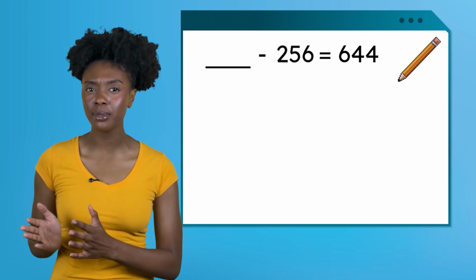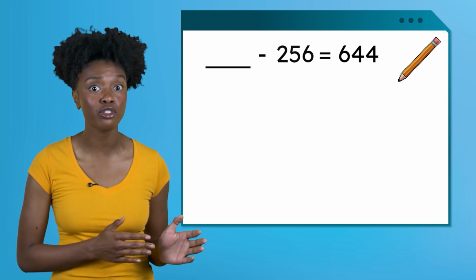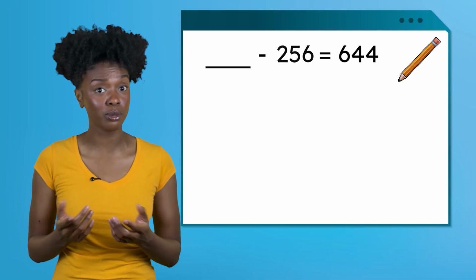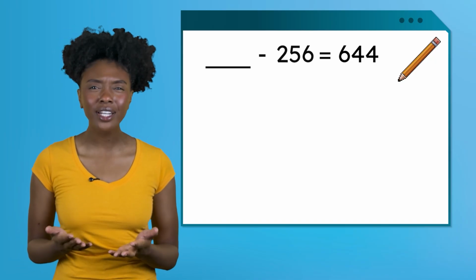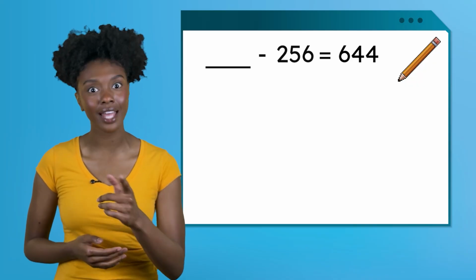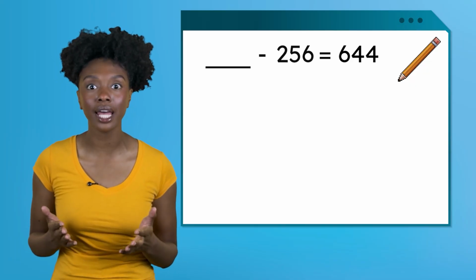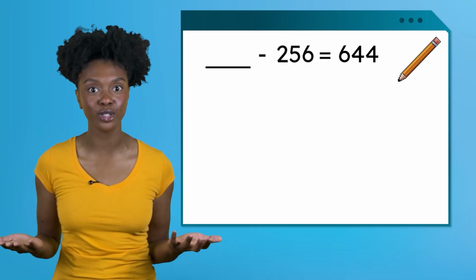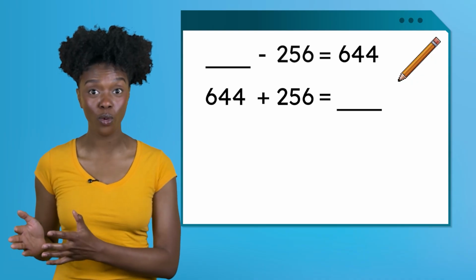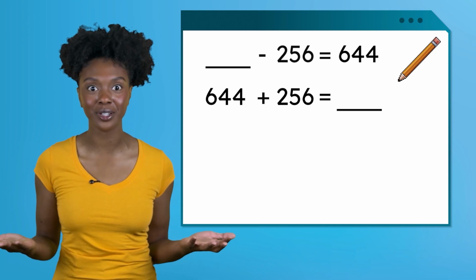We have some number minus 256 equals 644. When we rewrote the addition problems into subtraction problems earlier, what number did we write in the first position? That's it. It was the sum. So that means the blank must be the sum of the other two numbers. We can rewrite this as 644 plus 256 equals our mystery number.